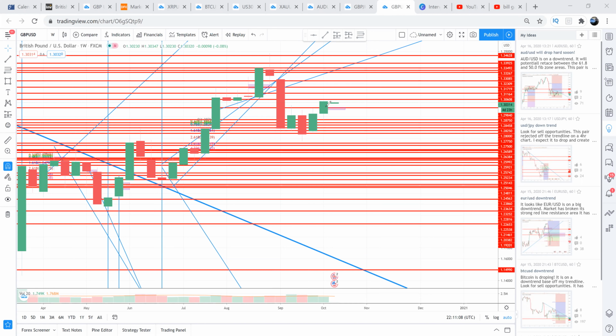It might take a couple weeks. Or we had the opportunity for it to come up, also come down, and create another wick area like this. This could be a green bullish weekly candle with a wick, just like we had a wick over here.